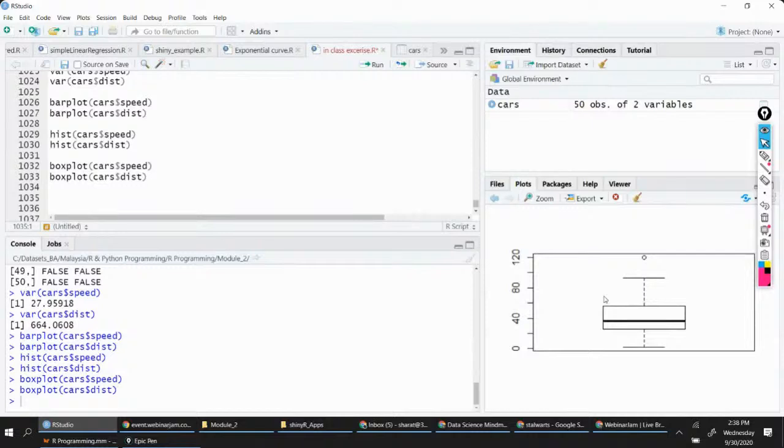What do we do? QQ plot, that's correct. We see QQ plot.